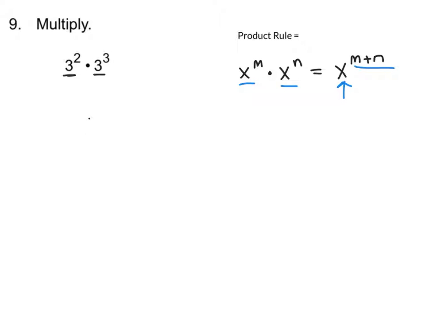For our problem, we'll keep the base of 3 and add 2 plus 3 together in the exponent position. This becomes 3 to the 5th power. Next, we can use our calculator to compute 3 to the 5th power. When we do that, we'll get a value of 243.